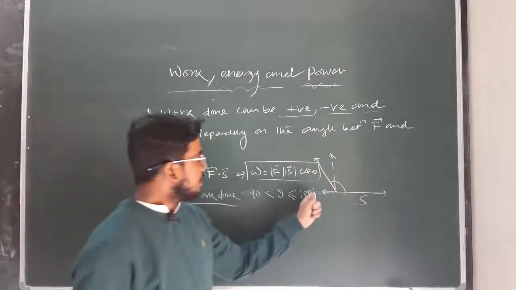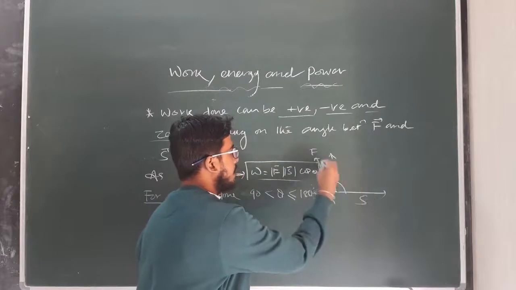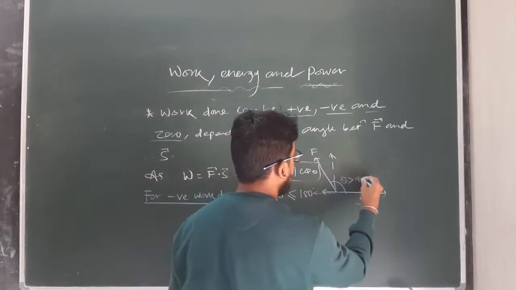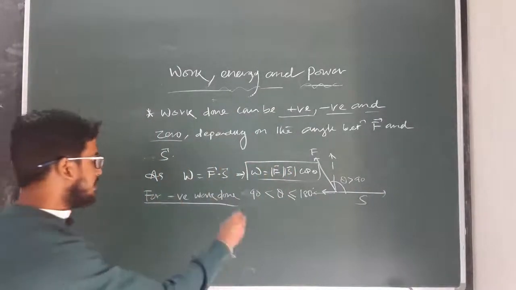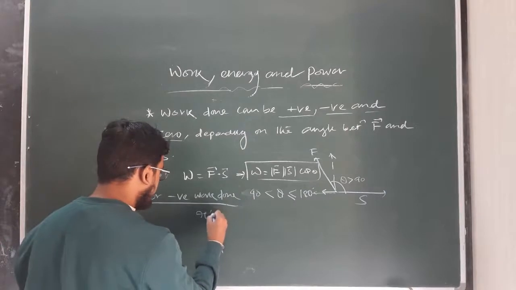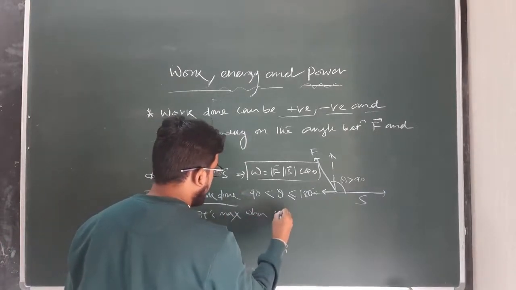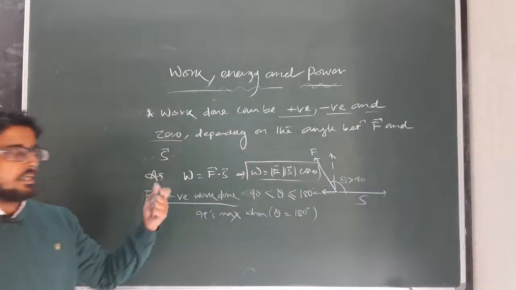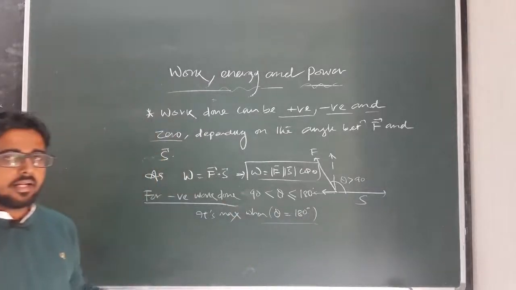Clear? So as the force and the displacement have an angle between them, theta, which is greater than 90, the work done will be negative and it is maximum when theta equal to 180. So the negative work done will be maximum when theta is equal to how much? 180.